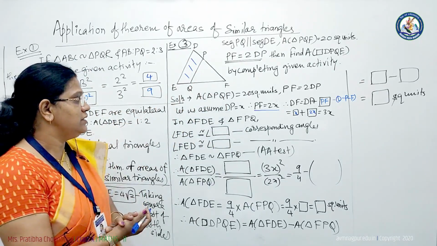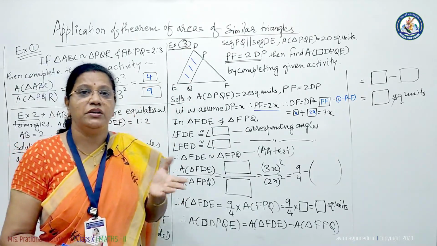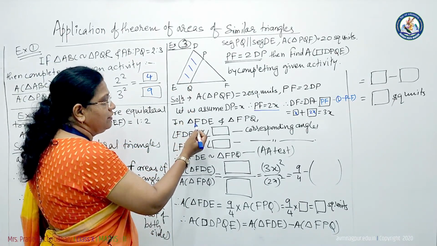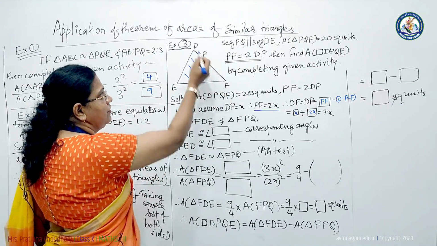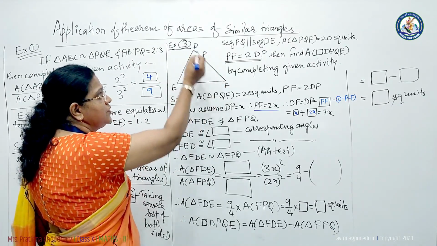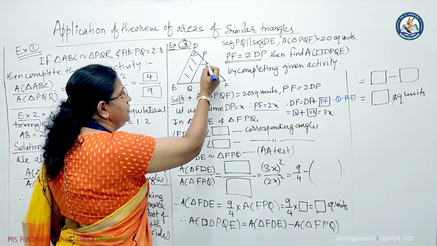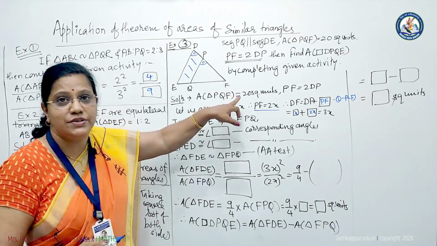Okay. In these two triangles, these two lines are parallel, so we can make use of properties of parallel lines here. For the angle FDE, if we consider transversal as DF, then we'll get these two angles as corresponding angles. Here the transversal is DF.